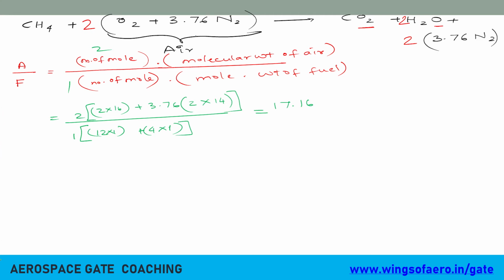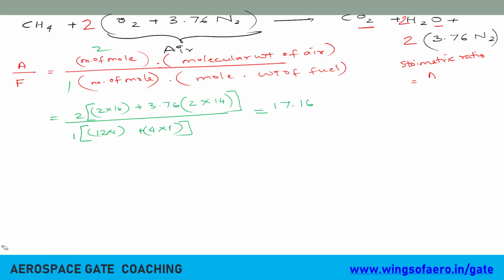Now let me give a very twisted type of question here. They have given the equation. Now let's find out from this equation what your stoichiometric ratio is going to be. You remember what a stoichiometric ratio is?